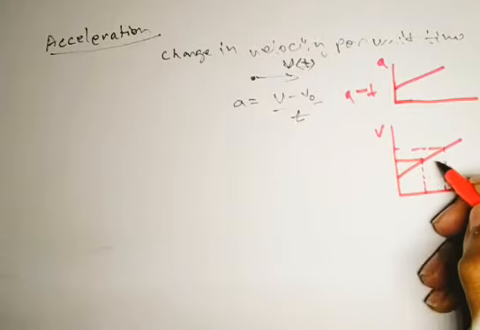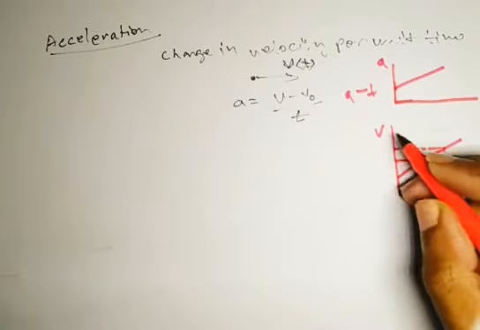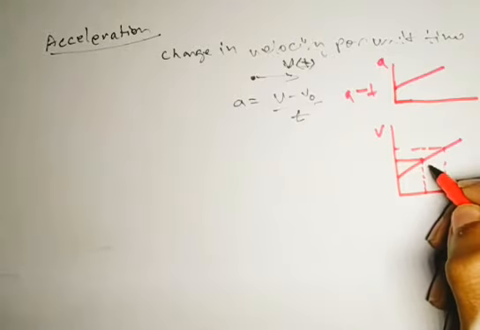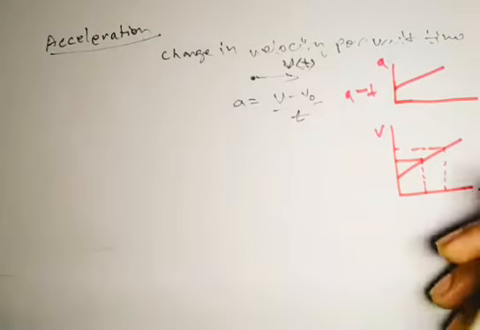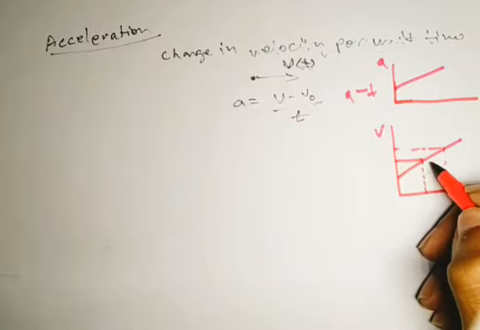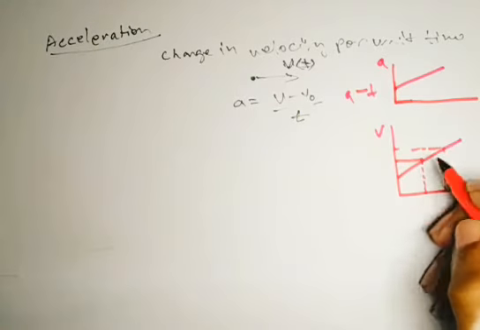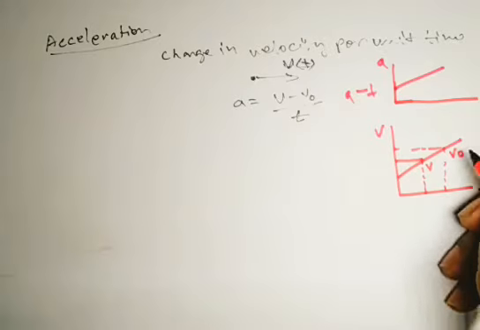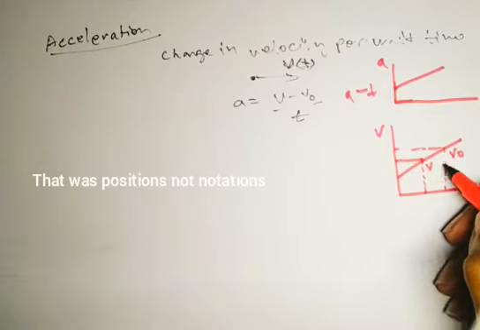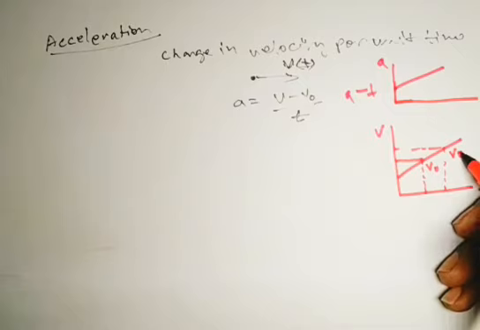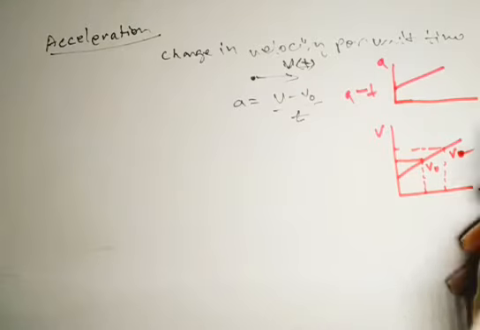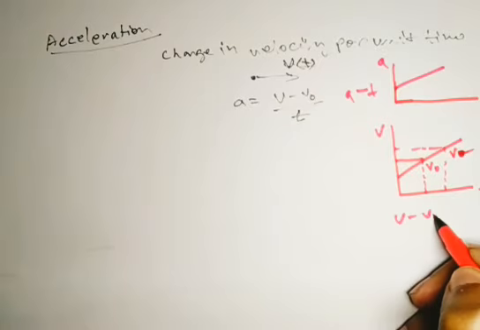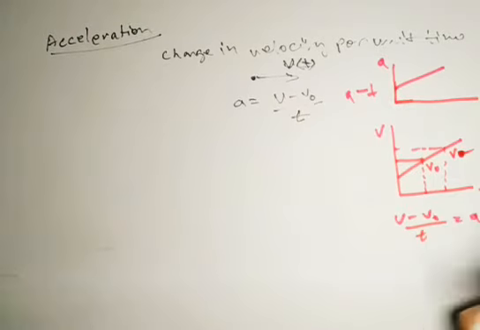So let us point out some notations like V, and this is V naught, or we can say V naught or V. So V minus V naught upon t is equal to acceleration.